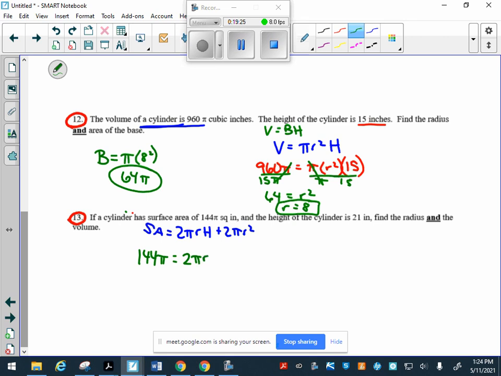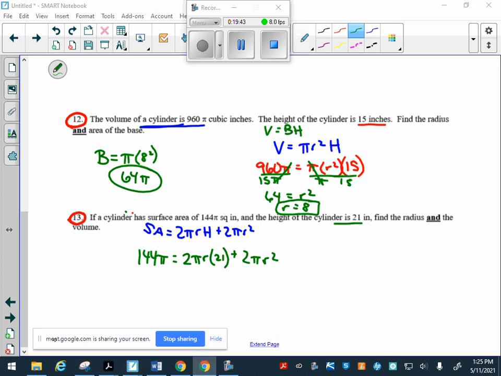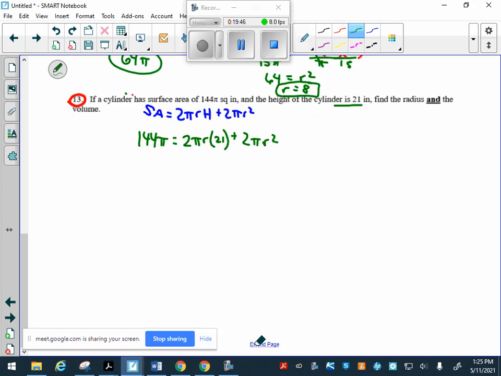All right, number 13. If a cylinder has a surface area of 144 pi, we're going to use again this formula where we have an R in it. Height they're telling us is 21. Well, I'm going to rewrite this in standard form, meaning the r squared I want to come first.